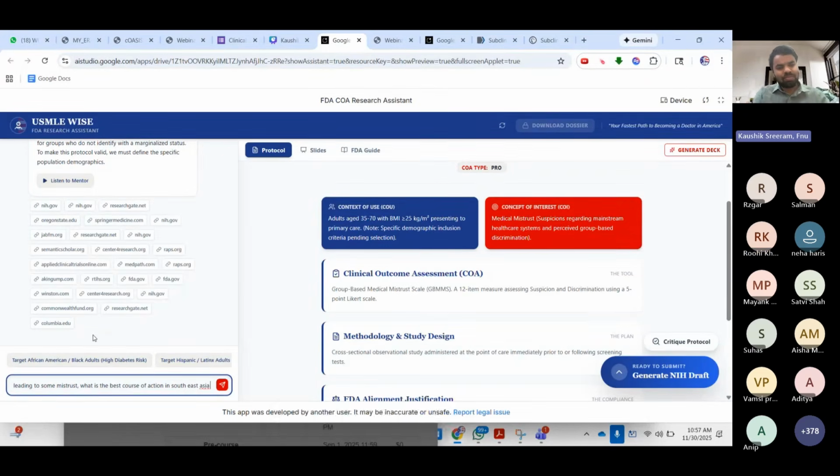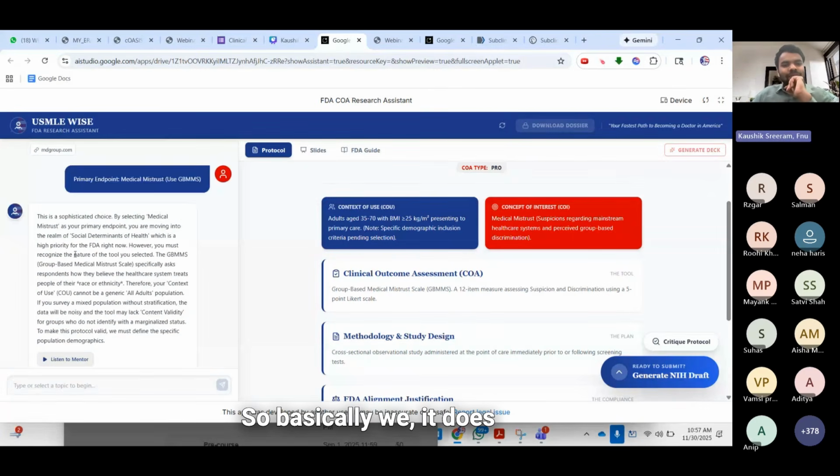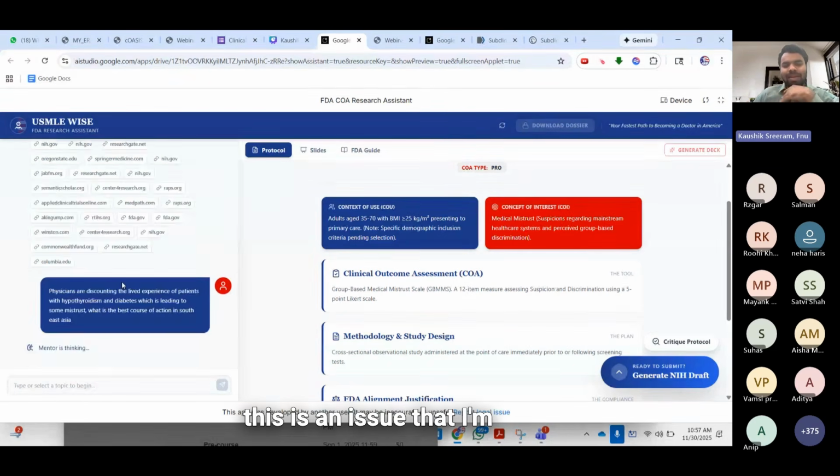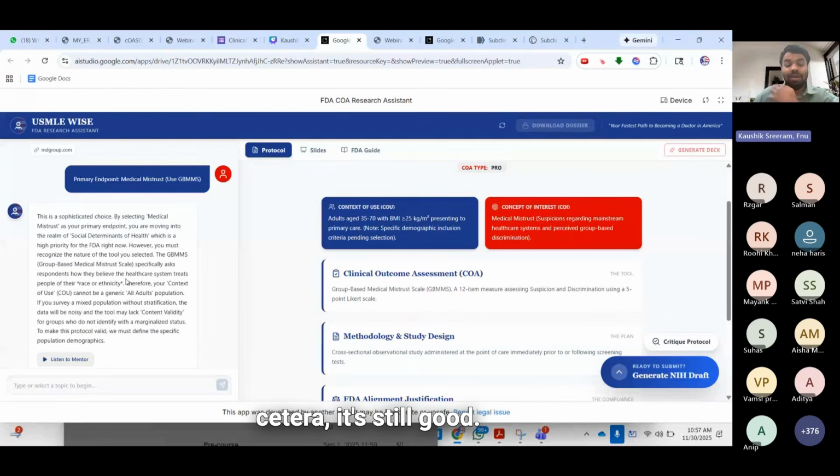Southeast Asia. So basically, it does fall under the realm of your social determinants of health. Again, remember, even if you write a simple letter to the editor or a simple article saying that, hey, this is an issue that I'm seeing, it's still good. It's very valid.